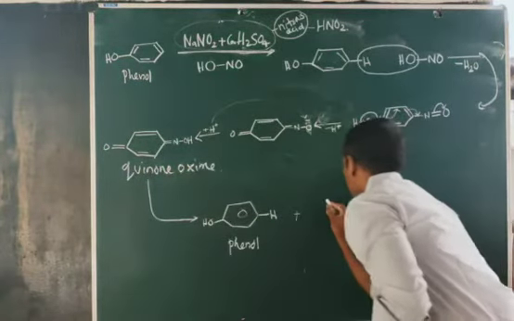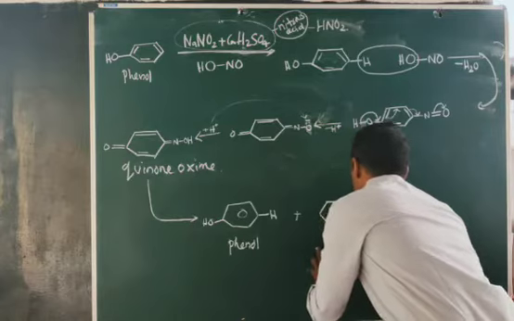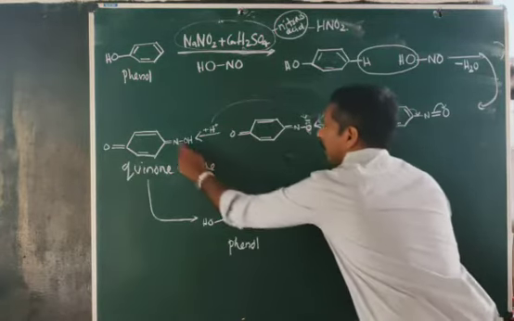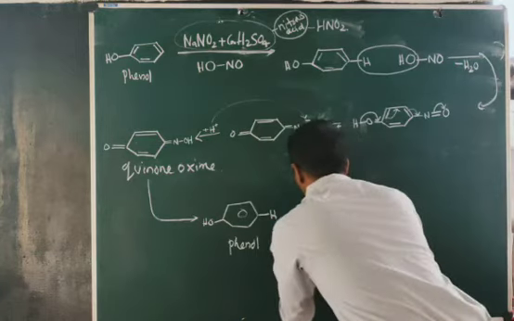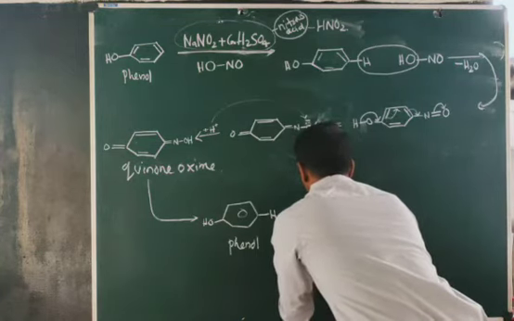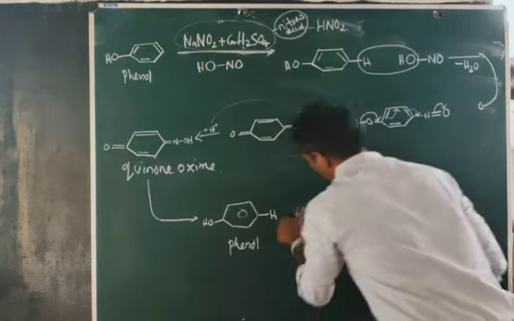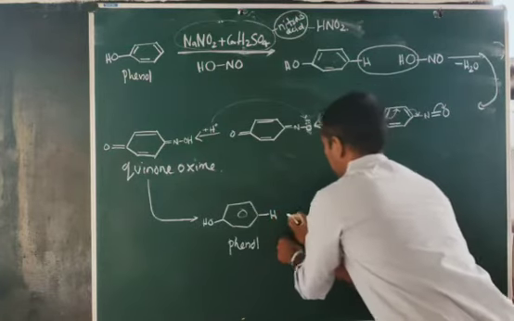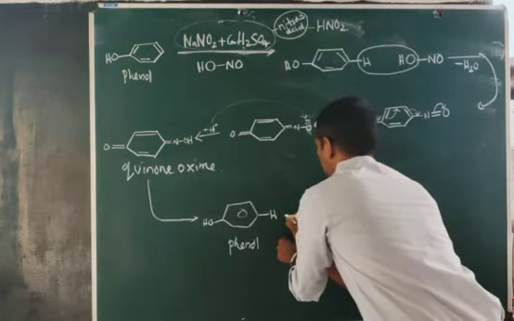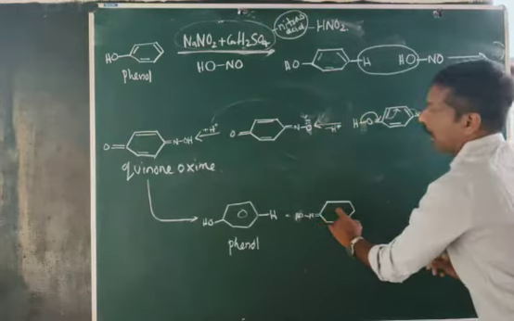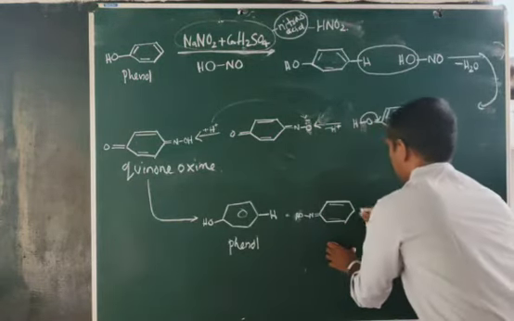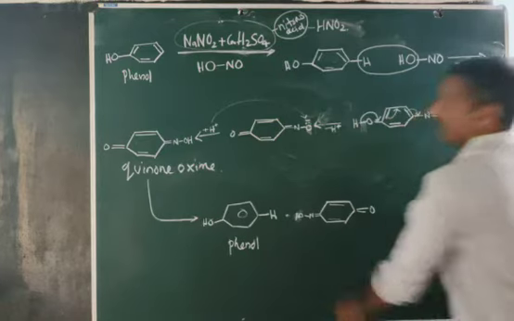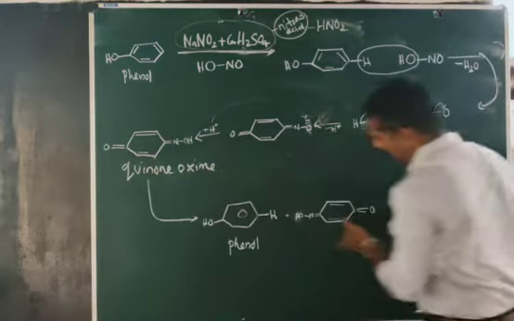Here I am writing this part, double bond N, OH. Another molecule of phenol is reacting with quinone oxide. Here is a double bond, and of course here is O. Just reverse, I have written like this.